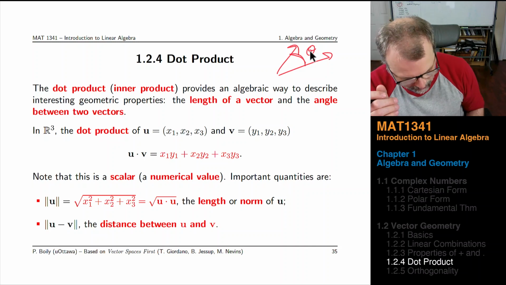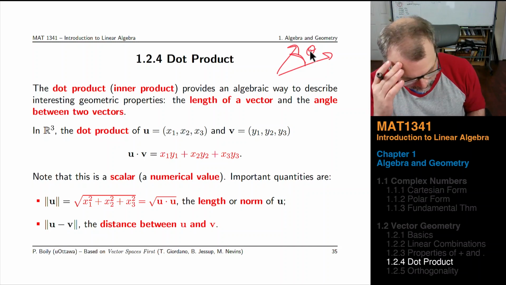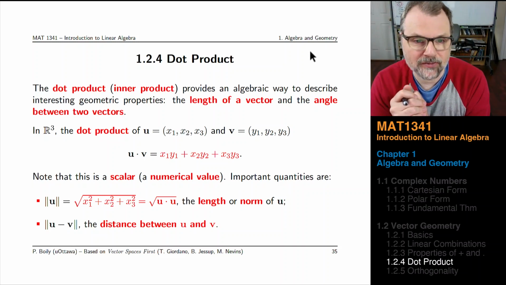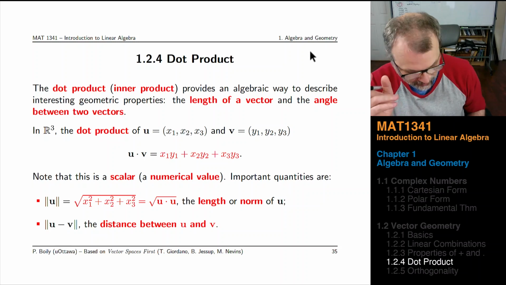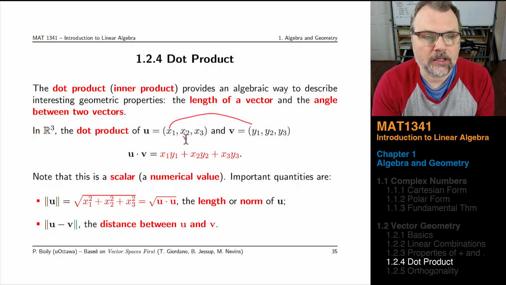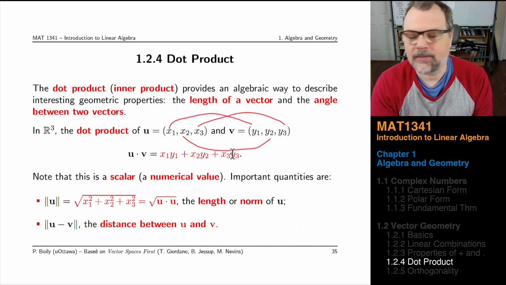The dot product of two vectors, u and v, assuming the coordinates of u are x1, x2, x3, and of v are y1, y2, y3, is fairly straightforward. You multiply the corresponding components. Once you have these products, you add them together.